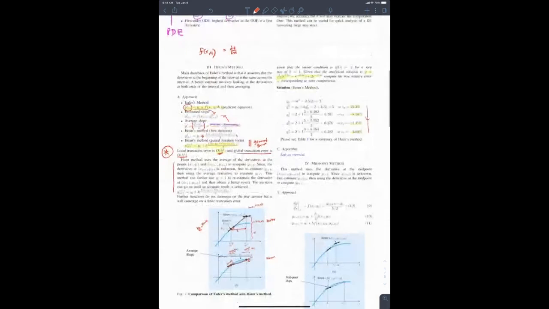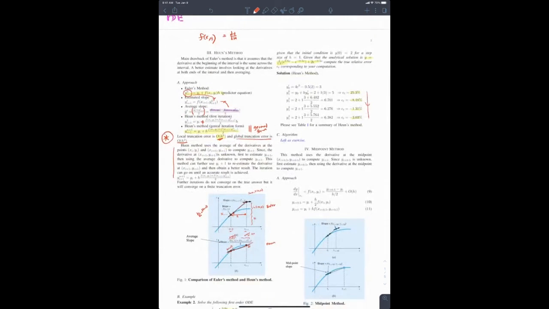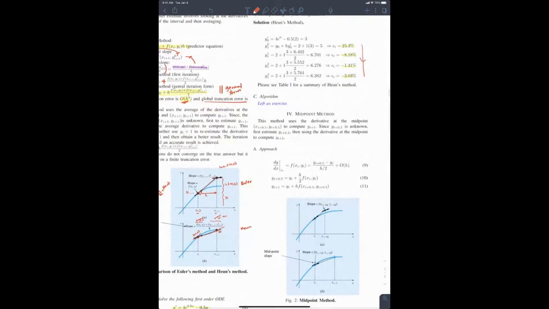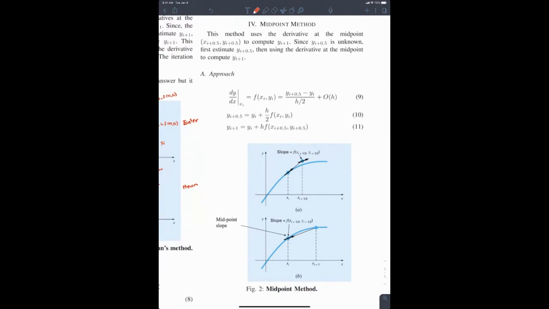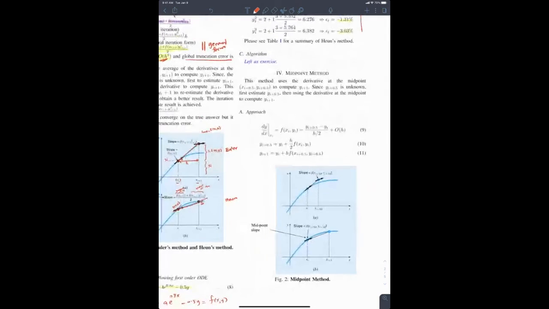Now we are going to the midpoint method. What is the midpoint method? Again, the same intuition, better explained using this graph. Here, we've already found that computing the slope using the known point xi and yi is not helping.